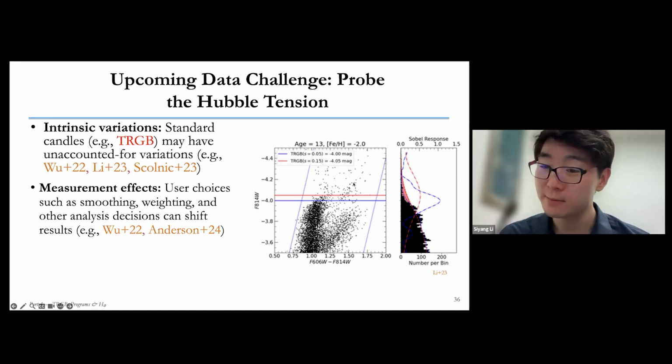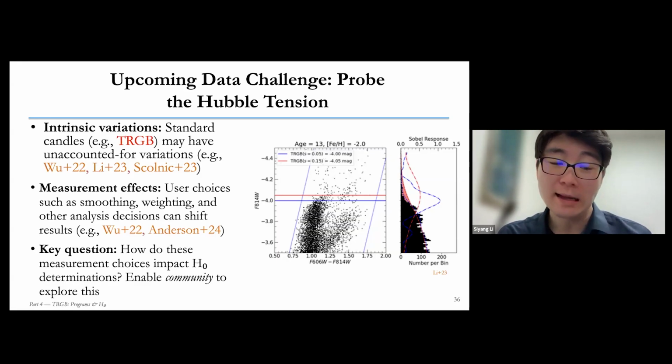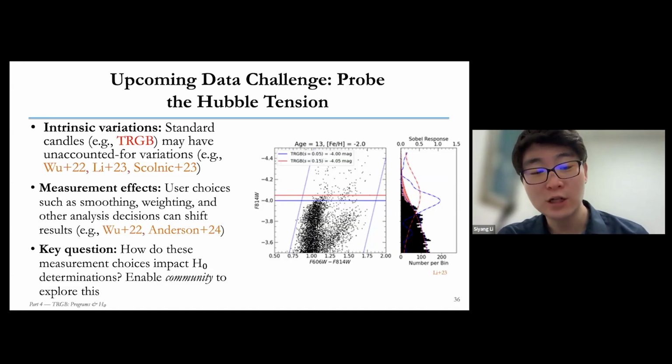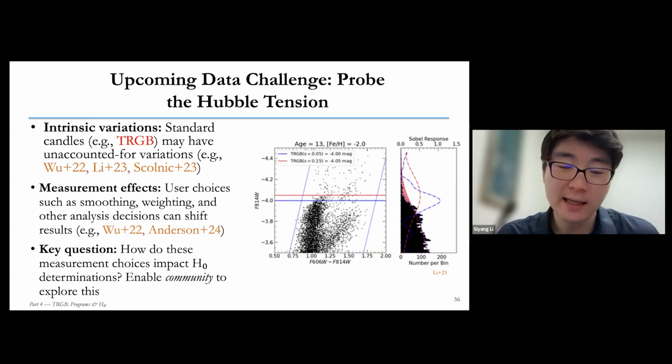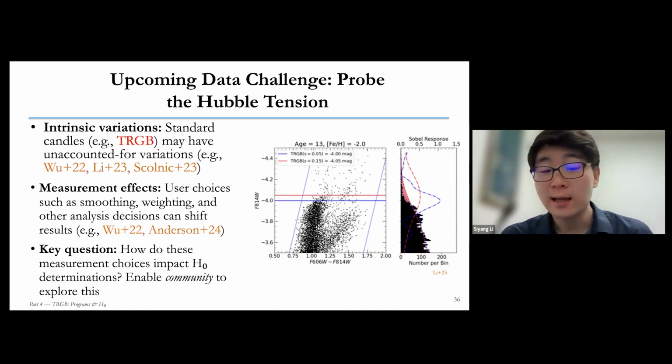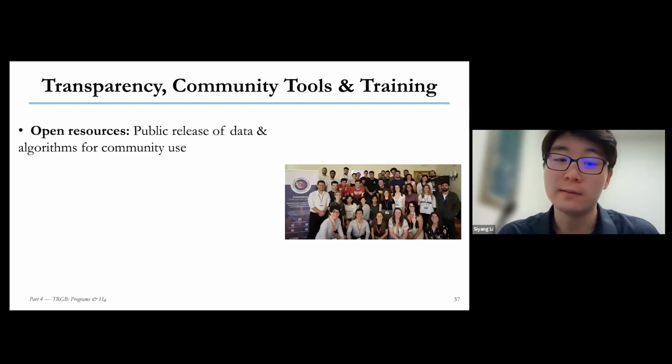One such choice is the smoothing, as I showed before, which can shift your TRGB measurements a little bit. The question here is, how do these measurement choices and variations impact the Hubble constant determinations? A lot of that is investigated in the literature, such as by the CATS team in Deep Anand's paper, but I think it's also very important to enable the community to explore this as well.